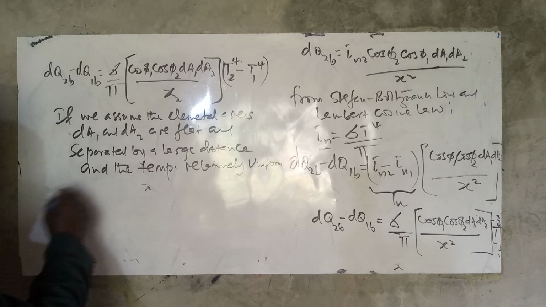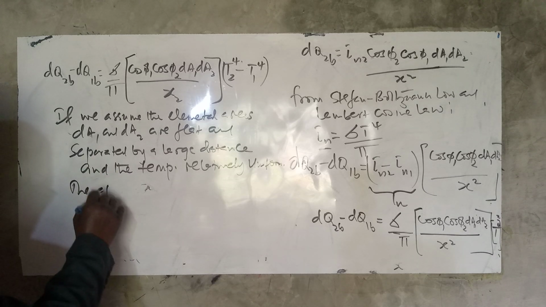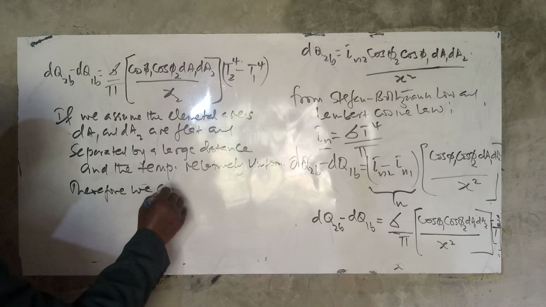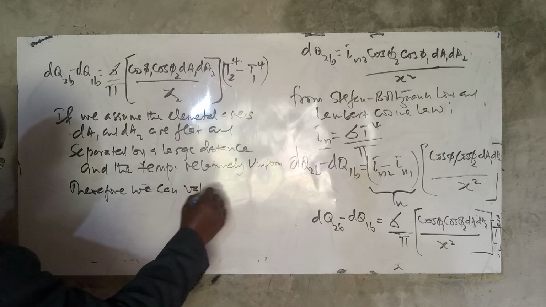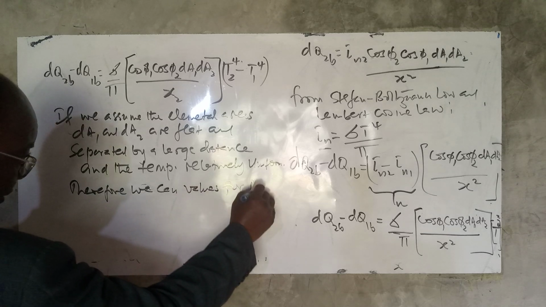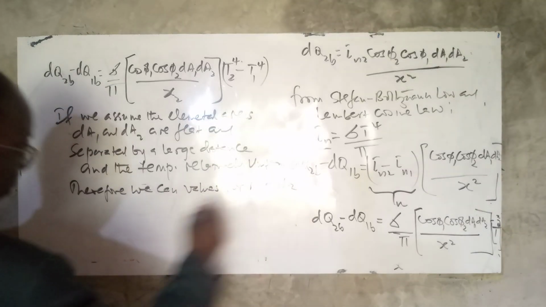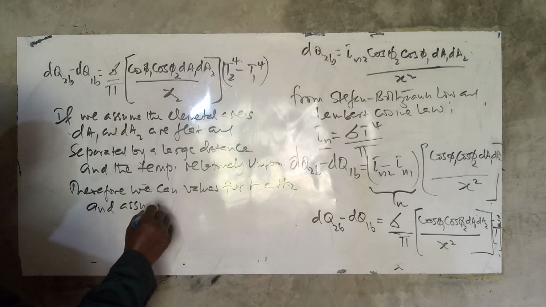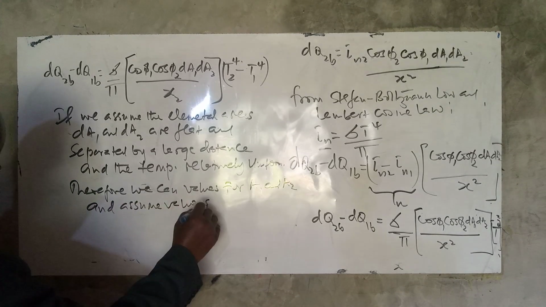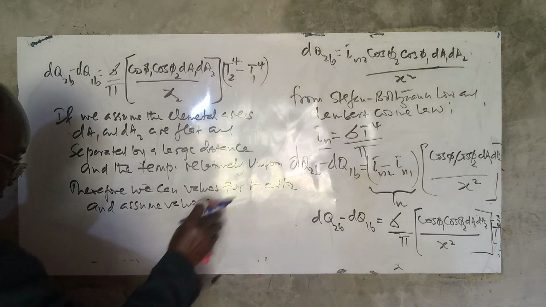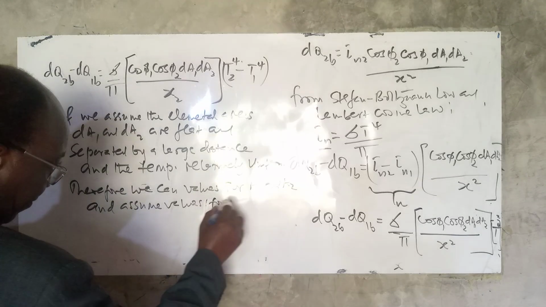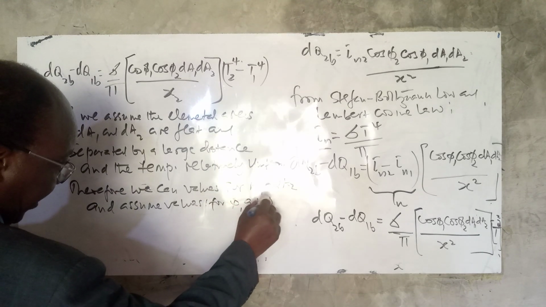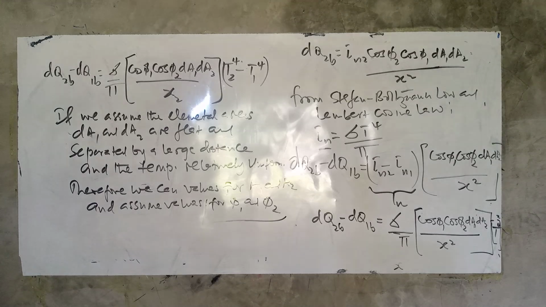So in that case, we can use values for A1 and A2 and assume values for phi 1 and phi 2. Then you can calculate the quantities.